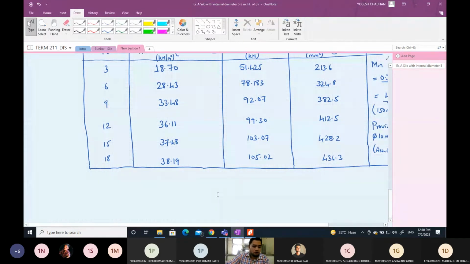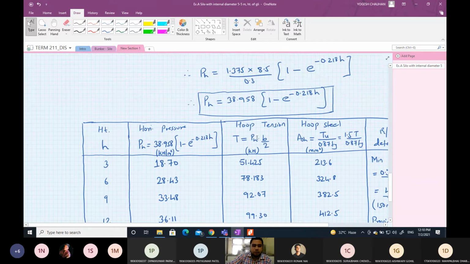Now for the vertical reinforcement, this was about the horizontal reinforcement.